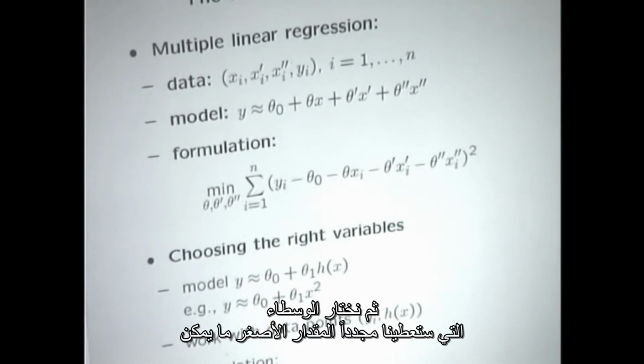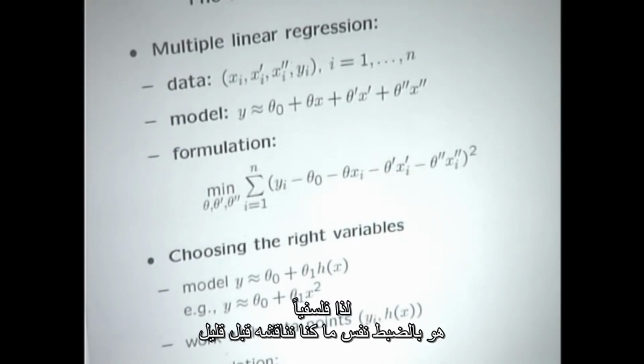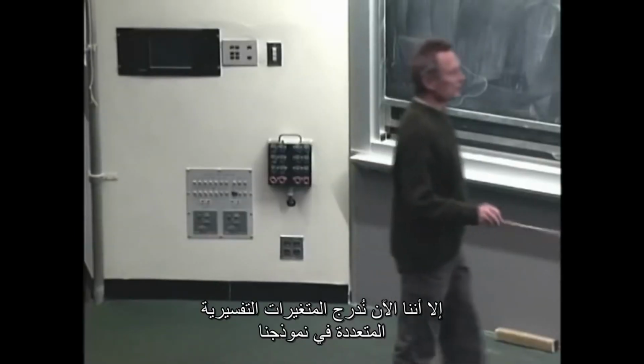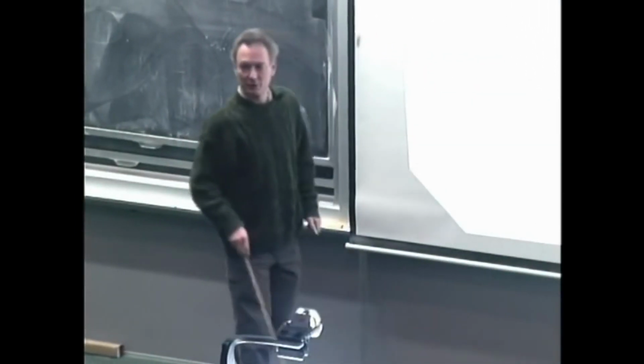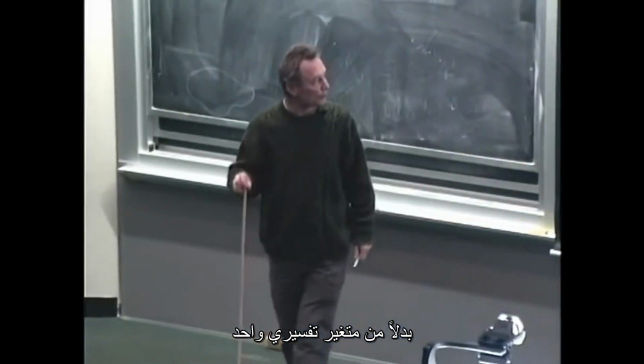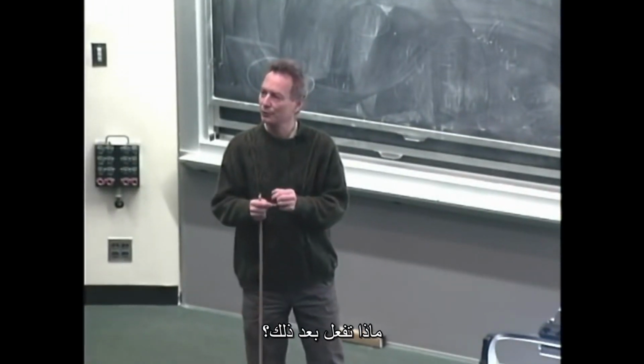And then we choose the parameters that give us, again, the smallest possible sum of squared errors. So philosophically, it's exactly the same as what we were discussing before, except that now we're including multiple explanatory variables in our model instead of a single explanatory variable. So that's the formulation. What do you do next?